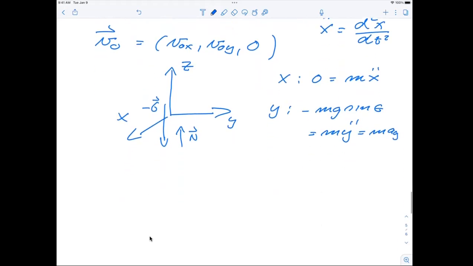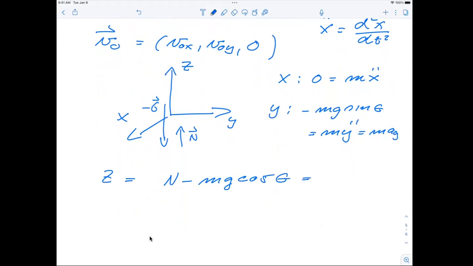And then finally, when we look at the z direction, what we have is the normal force, and I'm just setting up the magnitude because I've decomposed it in the z direction already. So N works only in the z direction, it's perpendicular to the board. And this is balanced by the gravitational force.